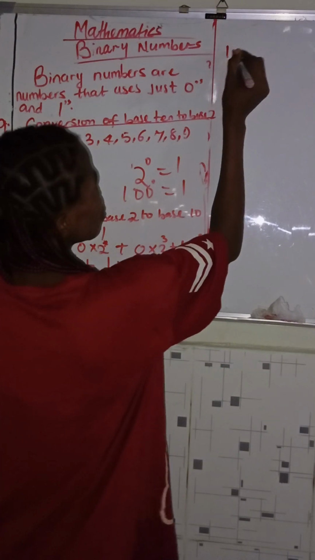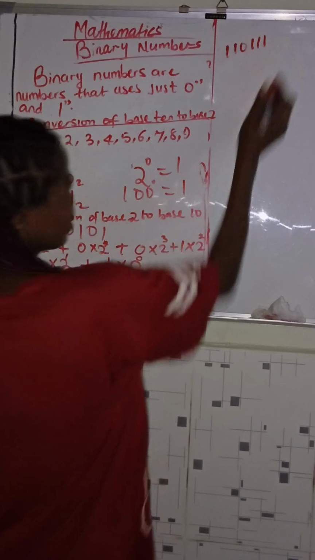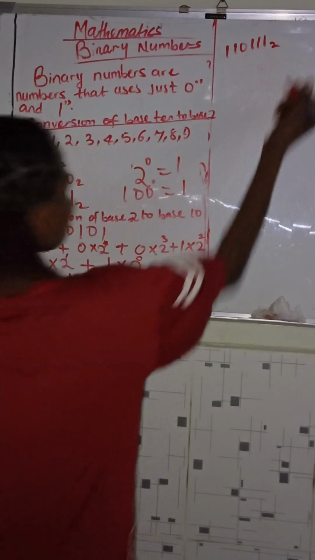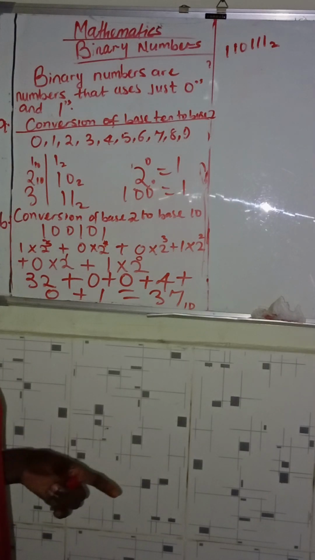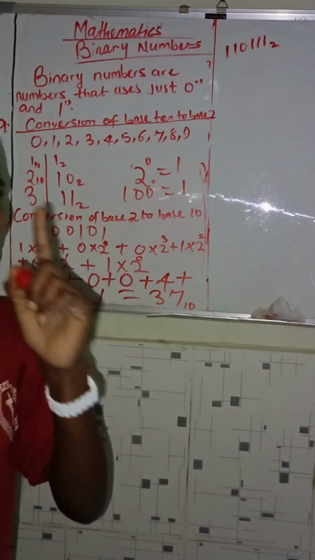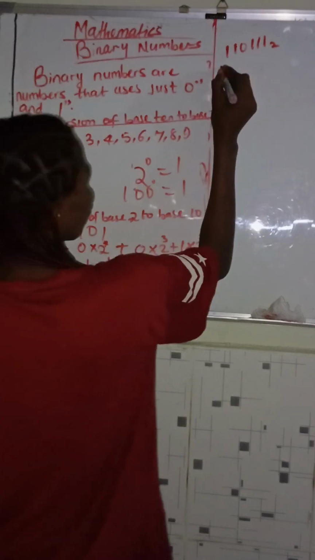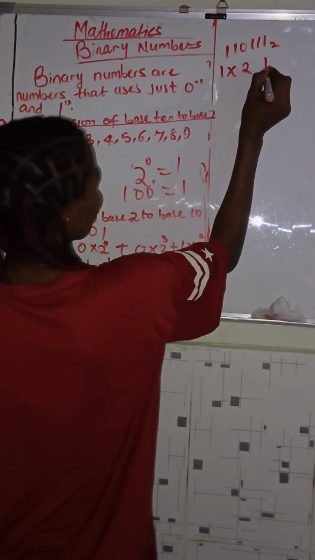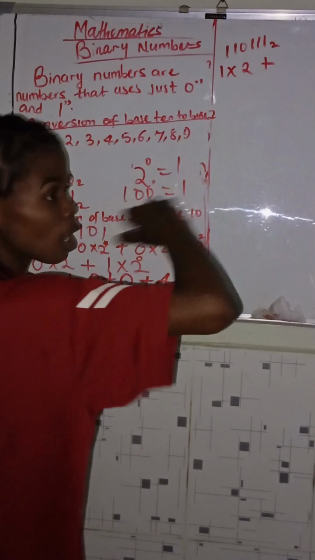Let's say, for instance, we have a number here, 111, right? Base 2. What is the first thing we'll do when you're converting to a base 10 system? You multiply each of them by 2. Each. 1 multiplied by 2 plus, you can do it horizontally.